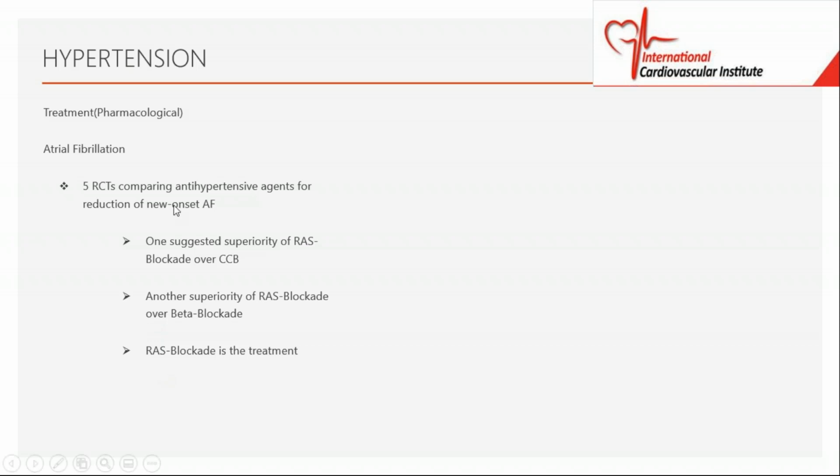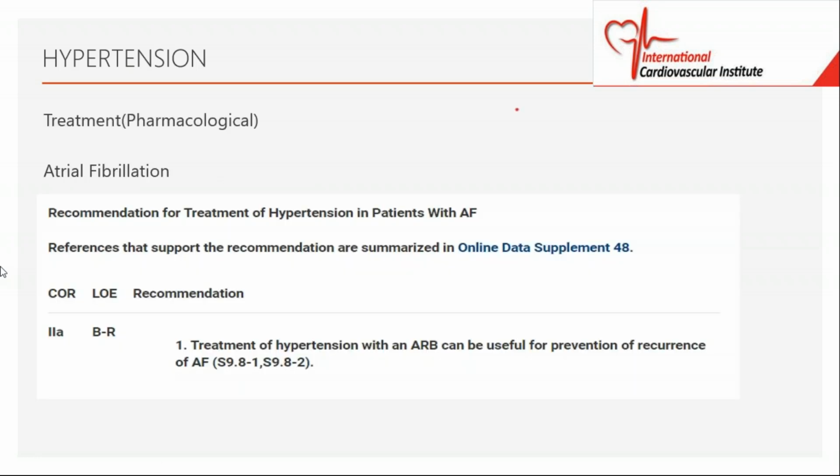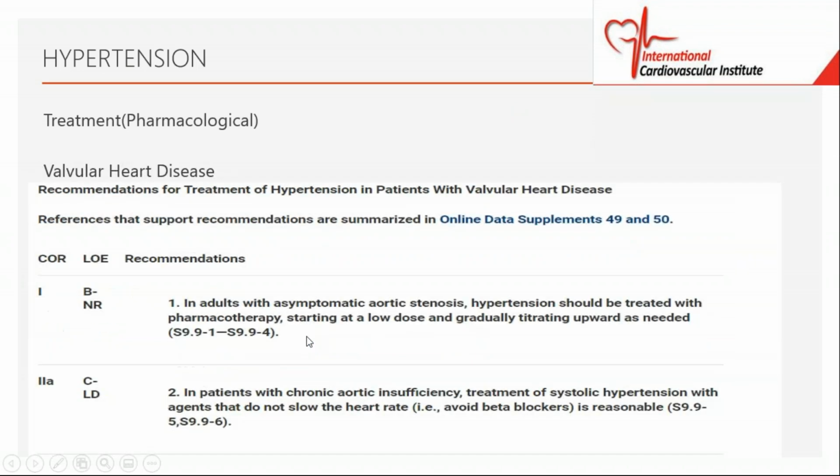As a matter of fact, a number of studies have shown that ARBs are beneficial in preventing atrial fibrillation. So if you have a patient who is hypertensive and at increased risk of atrial fibrillation, then you can probably treat them with ARBs to prevent the atrial fibrillation.